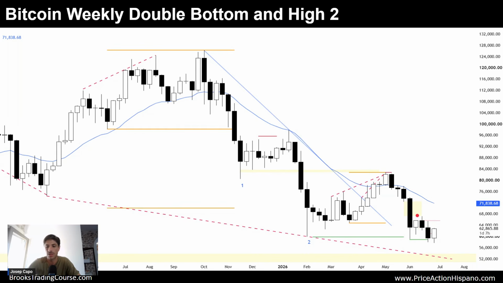Now, for the bulls that want to buy above this bull reversal bar, I think that's a good strategy, because the potential is that the bulls are going to begin with a bull swing. It is a high 2, so high 1 is this bull bar because it was triggered by a bull breakout of this bar here.